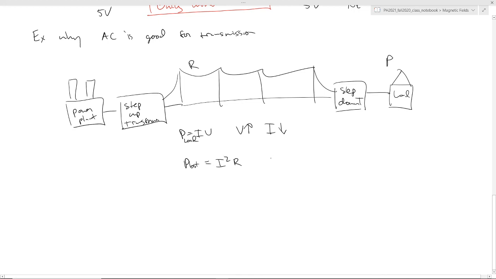So if you step up the voltage by a factor of 100, the current would be less by a factor of 100. But the power lost would be 1/10,000th. So it's way less.